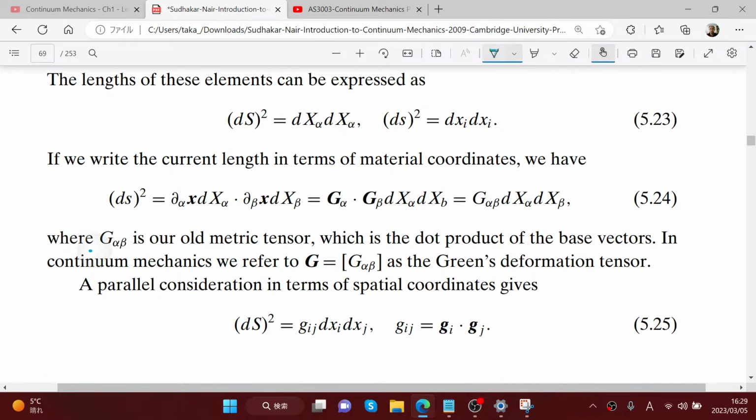where G alpha beta is our old metric tensor, which is the dot product of the base vectors.